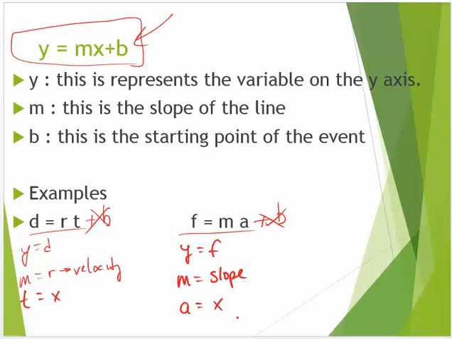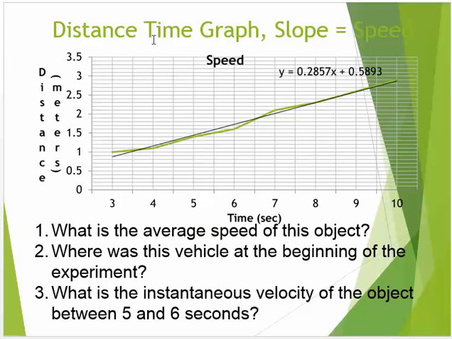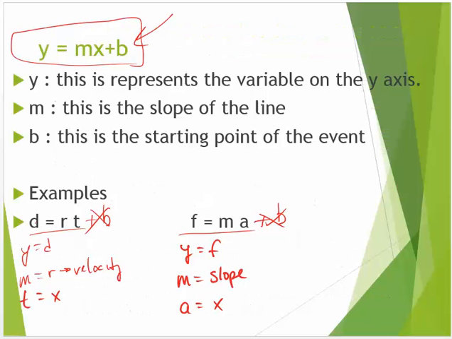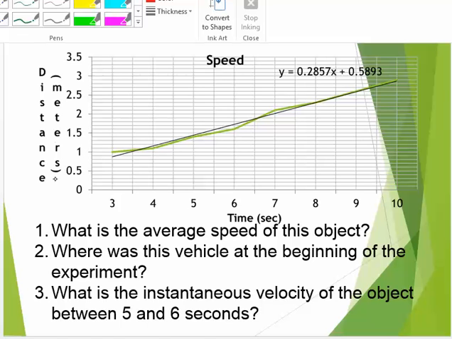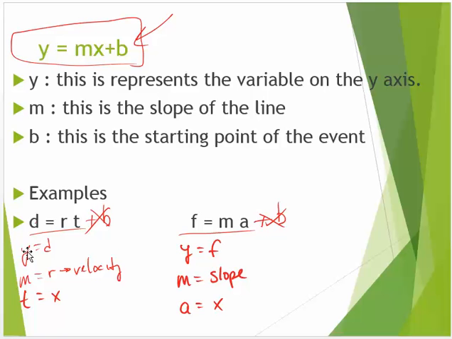So let's look at what we just said here. What we've got here is a graph of distance and time. Well, we said that distance would be on the y-axis. If you look over here on the y-axis, it is indeed distance. We had said that time was going to be on the x-axis.